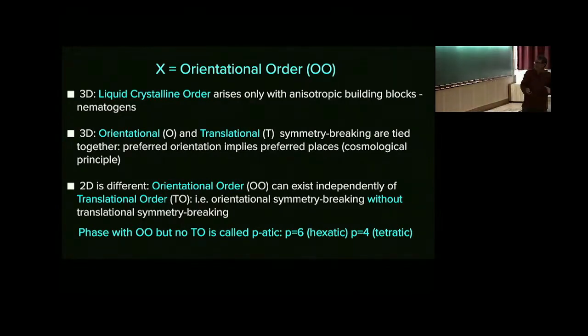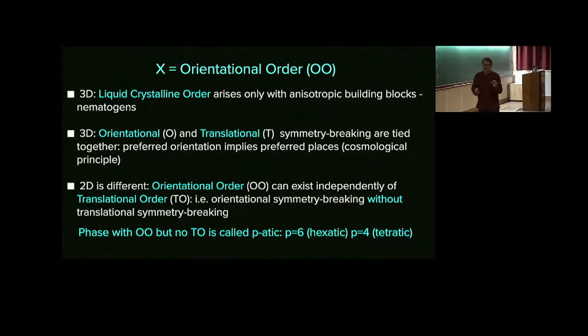In 2 dimensions, however, it's possible to independently break symmetries to produce orientational order without translational order. And this is a phase that, depending on the degree of the orientational order, is called a p-atic phase. The most common case, P=6, discussed yesterday, is the hexatic.